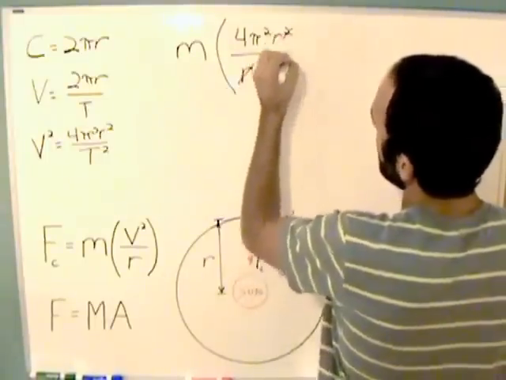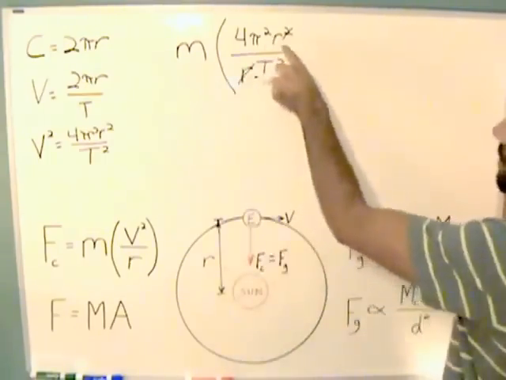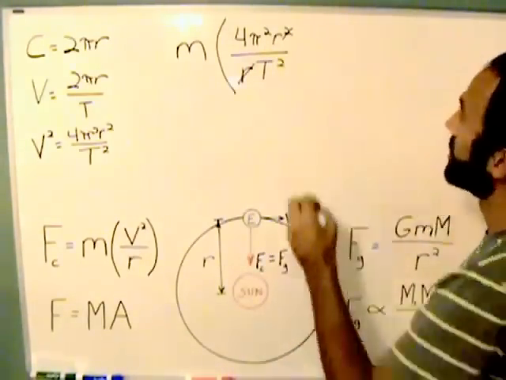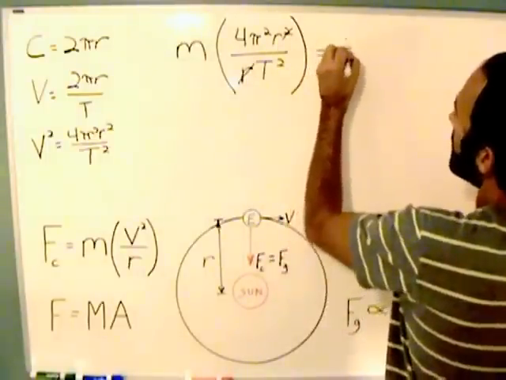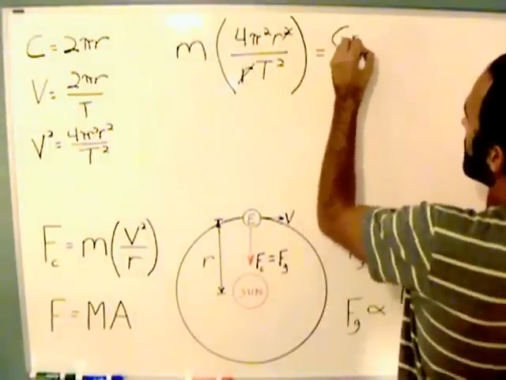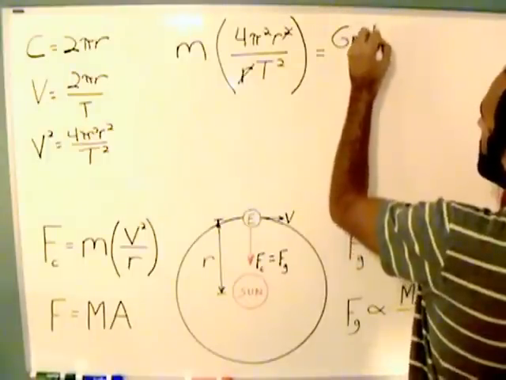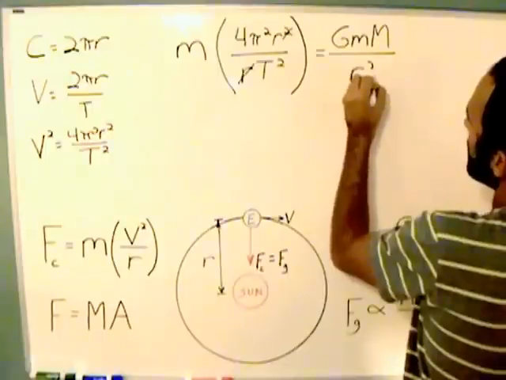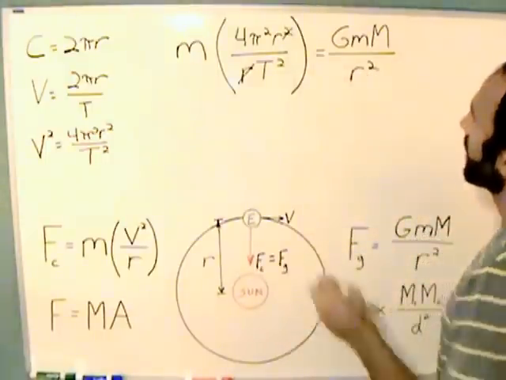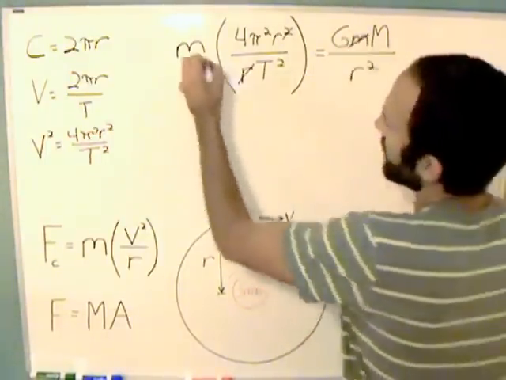This r cancels and that r cancels, so you get 4 pi squared r over the period squared, or big T squared. And then set that equal to big G times little m times big M, mass of the sun, divided by r squared.